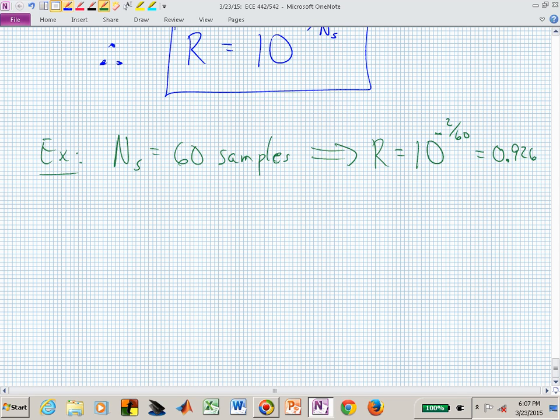What if somebody wanted to do just the opposite and they said, well, I know my dominant poles have a radius of R. What's going to be my settling time? We can now say, given the magnitude of our dominant poles, and how do you determine your dominant poles in the z-plane?